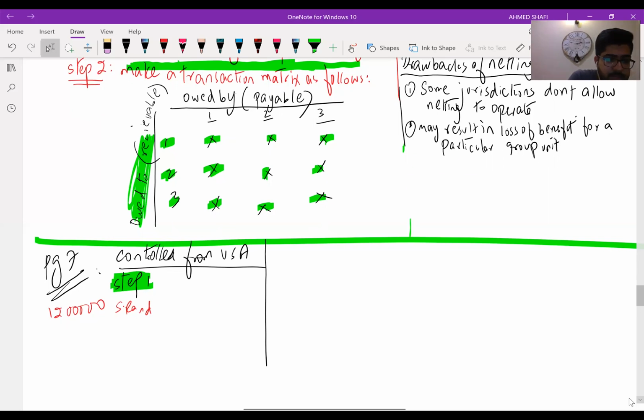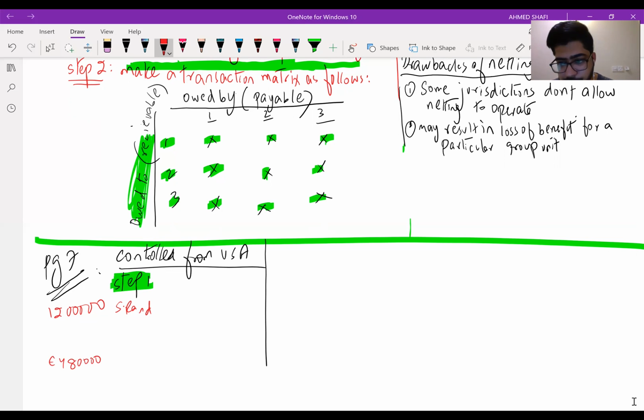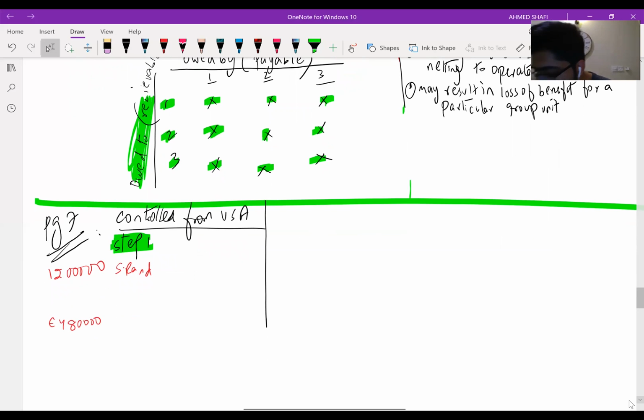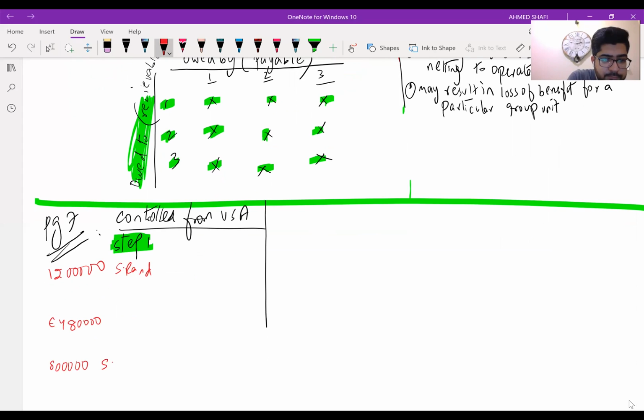The second balance is 480,000 euro. The third balance is 800,000 South African rand.